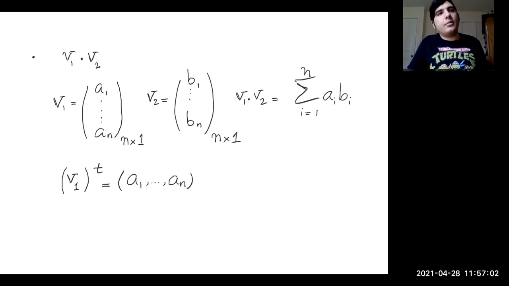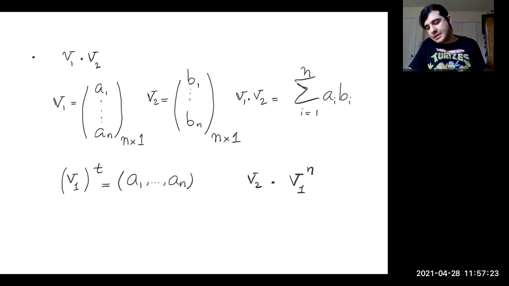And now I can multiply this matrix by V2, because V2 is an n by 1 matrix, and their multiplication as matrices makes perfect sense. And it is the same number as the inner product of V1 and V2.